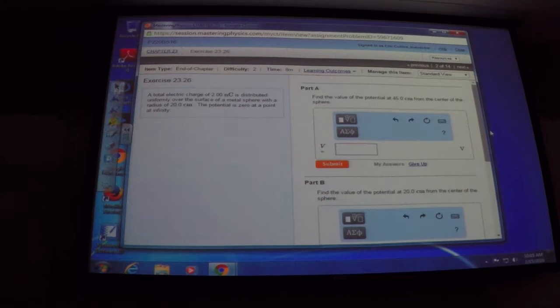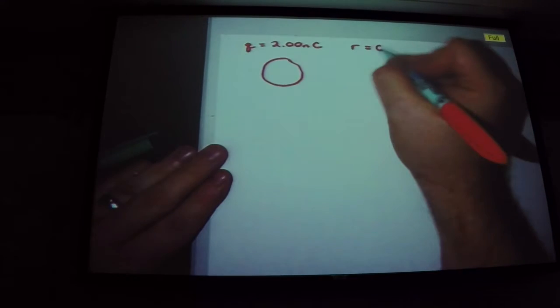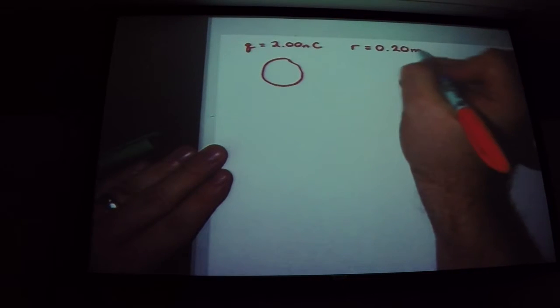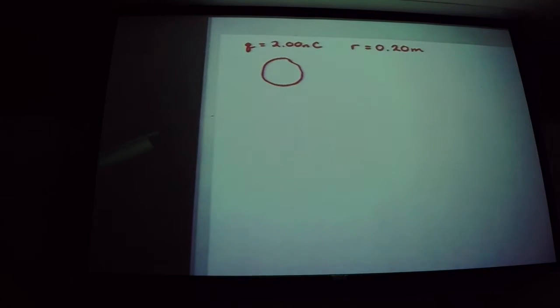So I've got Q equals 2 nanocoulombs. And it's a radius of 20 centimeters, which I will immediately change to 0.2 meters. That's a pretty big sphere, but there it is.